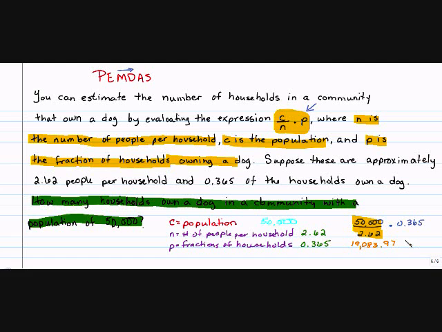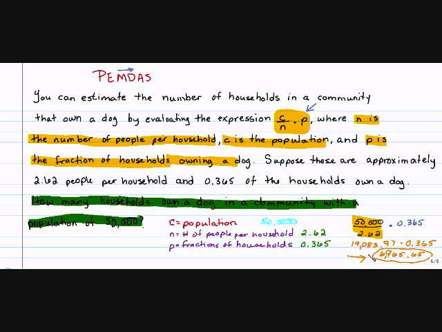I'm going to round, and now I'm going to multiply by 0.365, and I get 6,965 and 65 hundredths, which is our answer.